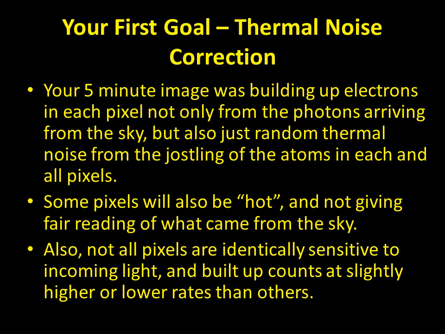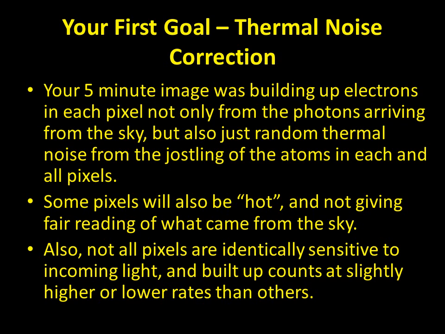Some of those pixels will also be so-called hot pixels. They'll be saturated, or in any event much brighter than they're supposed to be, and they're not giving fair readings of what came from the sky. You'll be able to notice these because they won't be blurred out into many pixels like actual stars are. It will literally be a single little hot point.